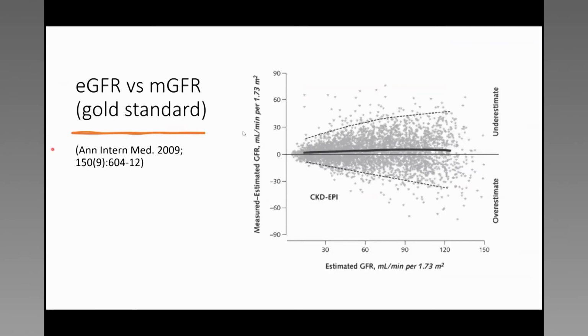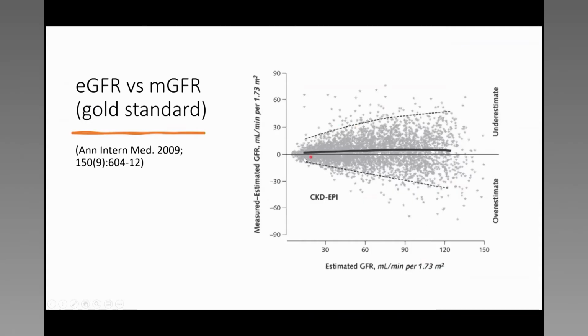Similarly, as shown with eCreatinine clearance, eGFR also is a very poor estimate of measured GFR. So this is showing estimated GFR on the x-axis, and on the y-axis is the measured GFR. In both cases, they've adjusted for body surface area, so it takes away the factor of the patient's size or morphology.